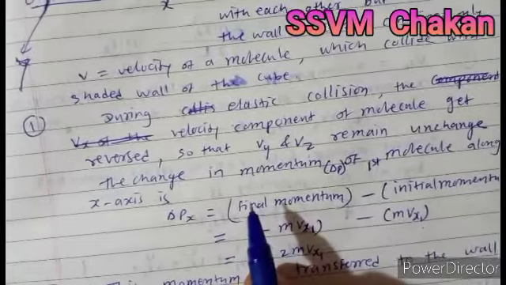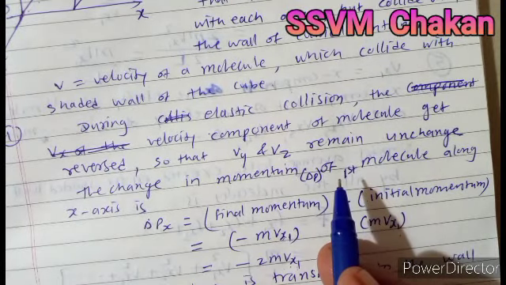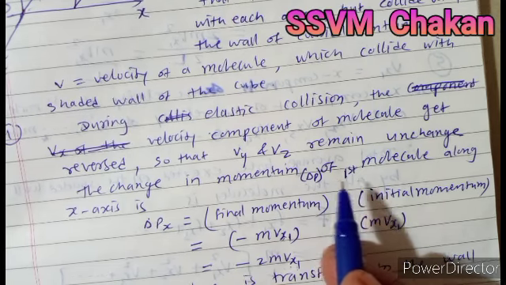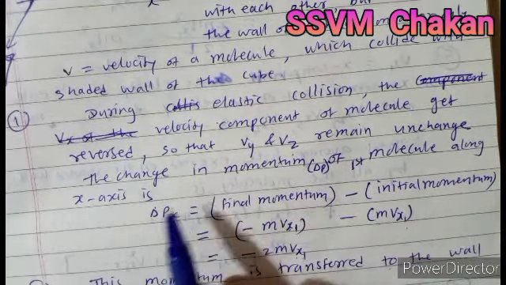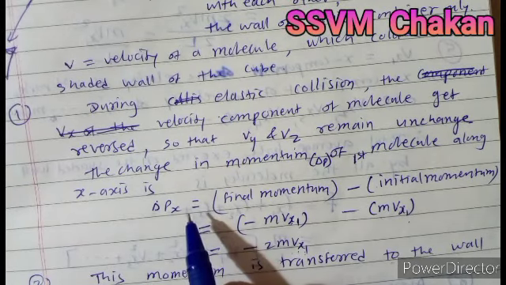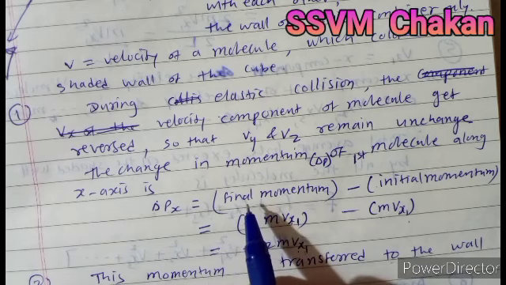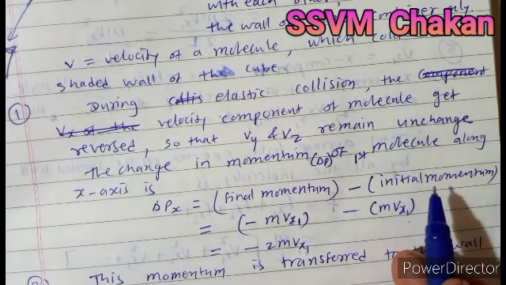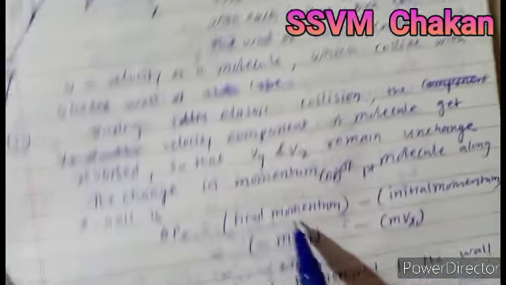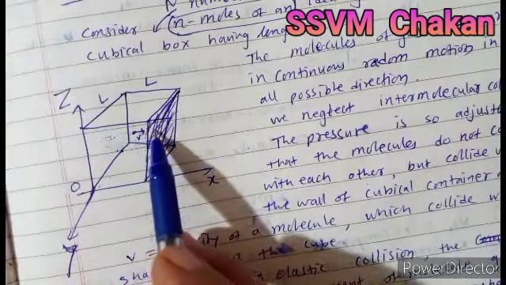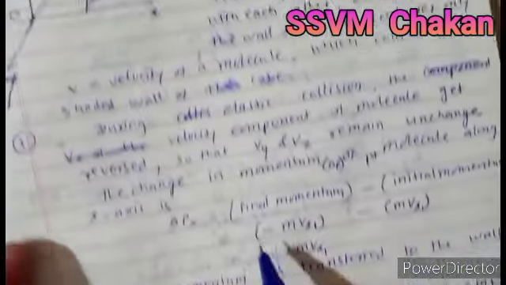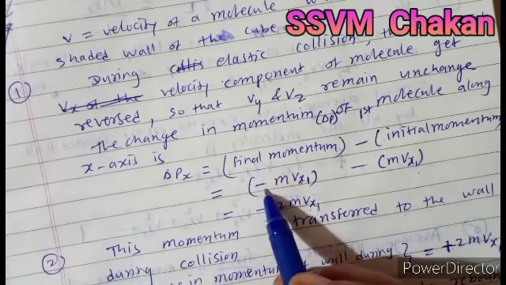The change in momentum of the first molecule, we consider a single molecule which collides on the shaded region, along the x-axis is delta px, final momentum minus initial momentum. The direction of the molecule when it collides on this wall gets reversed, so we consider the minus sign.